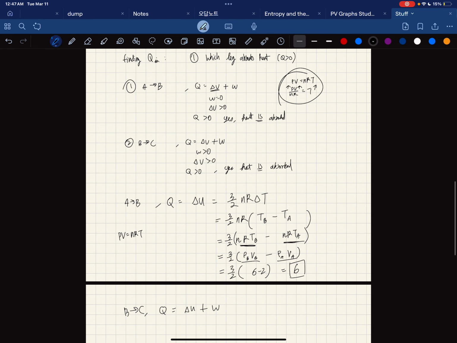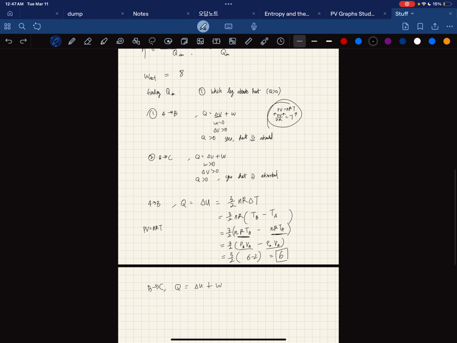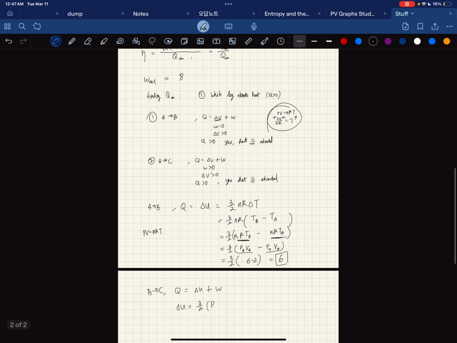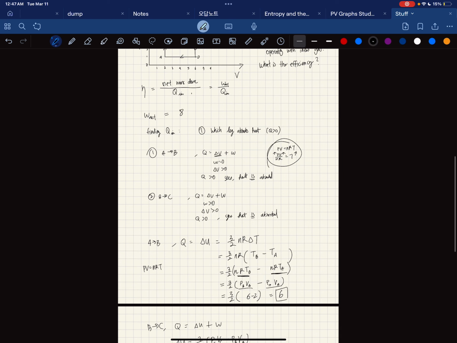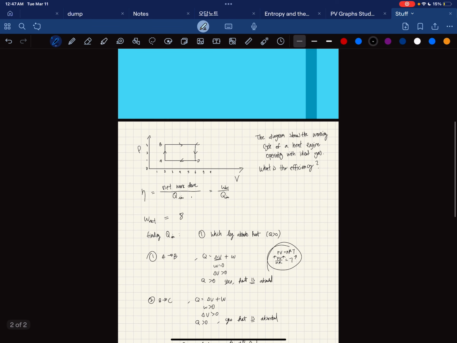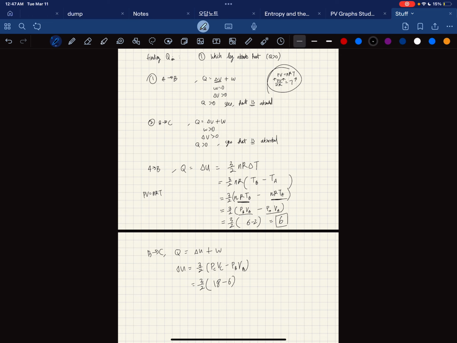And we can use this same approach, the same formula, to find change in internal energy for B to C. So change in internal energy is PCVC minus PBVB, which is 18 minus 6. So 1.5 times 12 is 18.